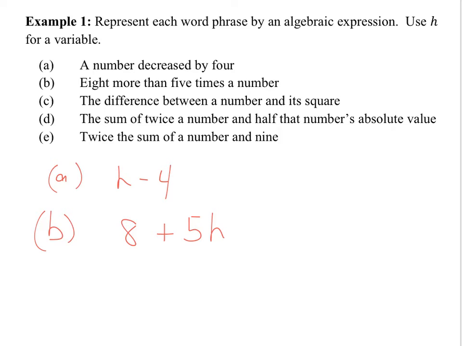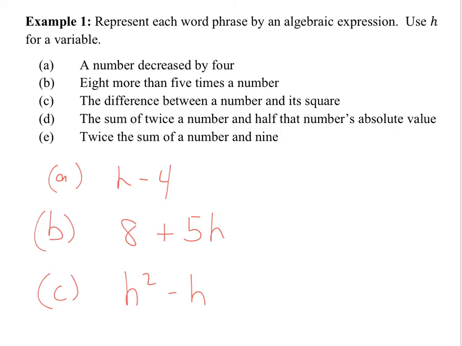Part C. The difference between a number and its square. The difference between a given number and its square. It's being possessed there, right? A number and its square. How would I consider that? h squared minus h.